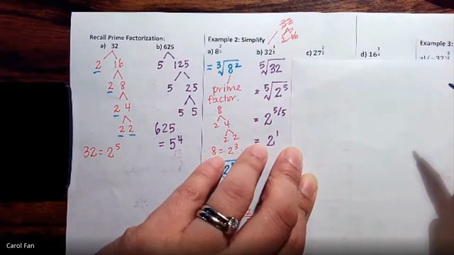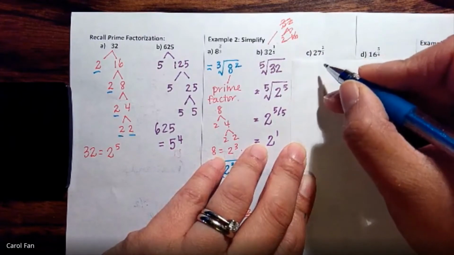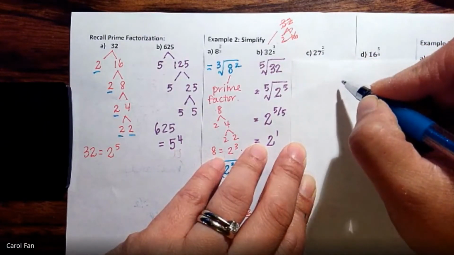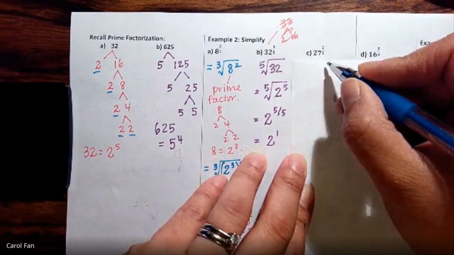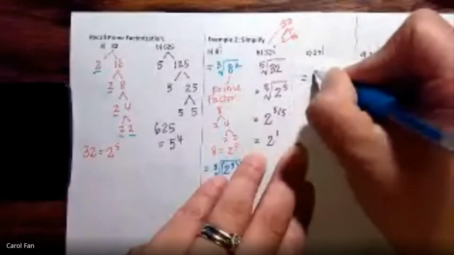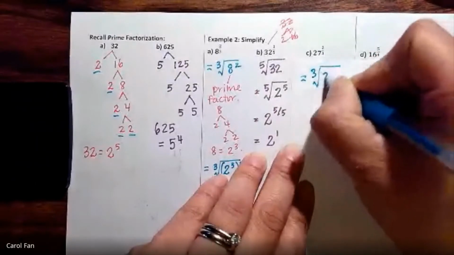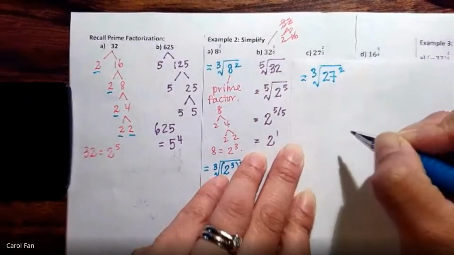All right, example 2, part C. We have 27 to the power of 2/3. First of all, let's convert this into a radical. So I have 3 as my index, 27 as the radicand, and 2 as my exponent.